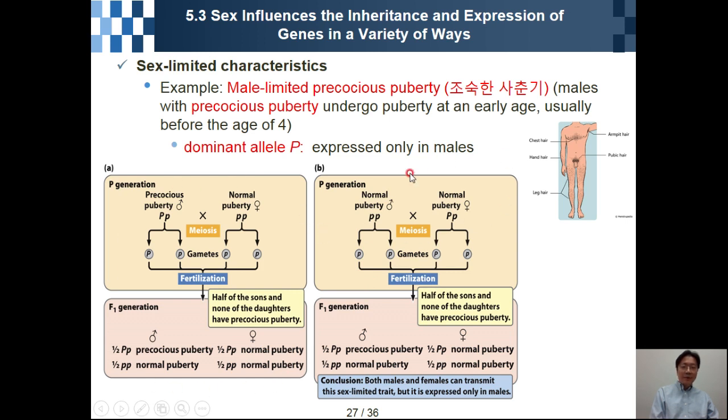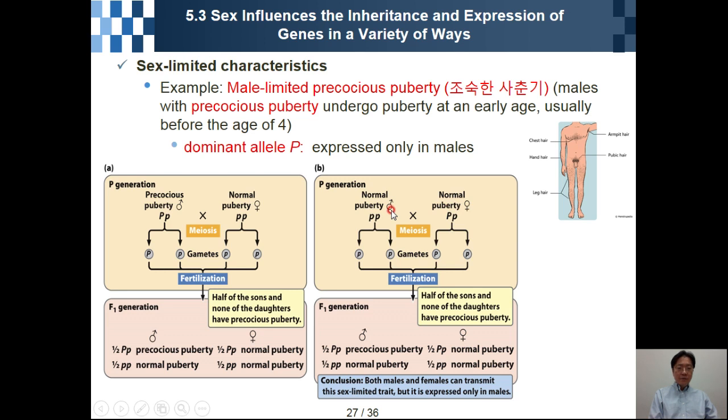Another example is here. Okay, both male and female show the normal puberty. The father has, for example, the genotype small pp, but mother, she has large P. She is heterozygous. But even though she has large P, their phenotype is normal.